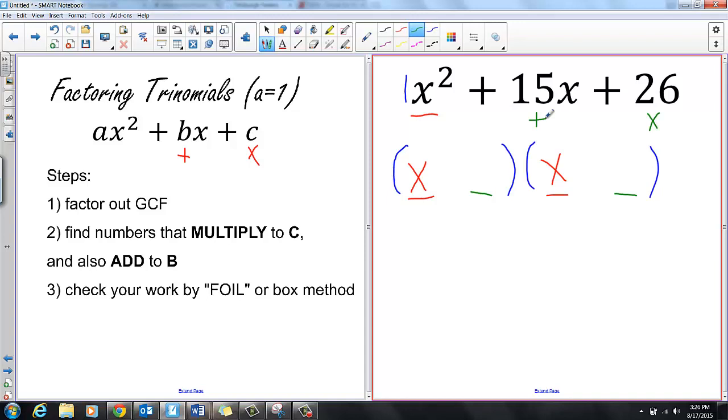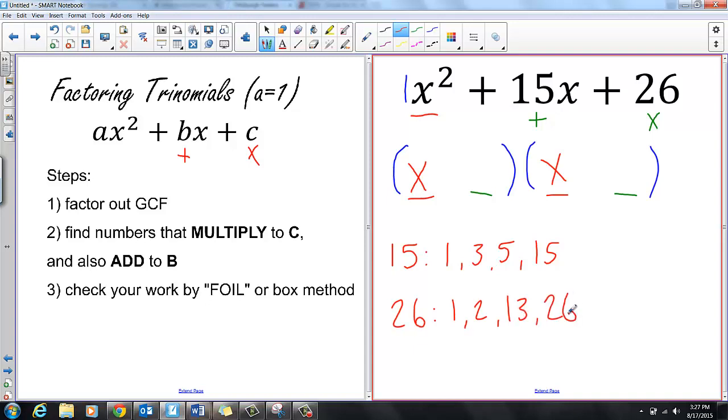So we might want to think for a second and even list out the factors of 15. So we have 1, 3, 5, 15. And of 26, we have 1, 2, 13, and 26.